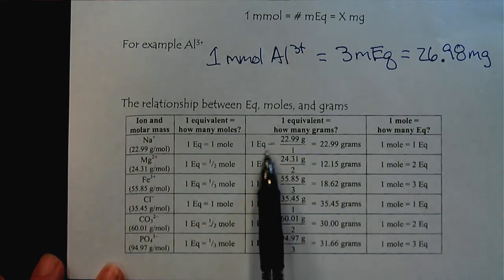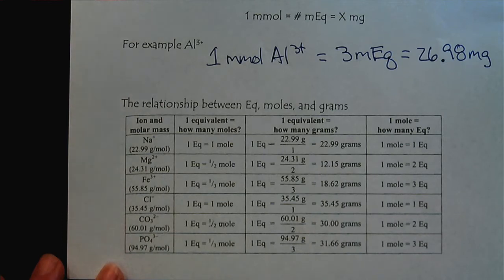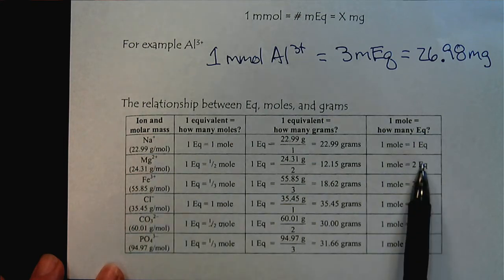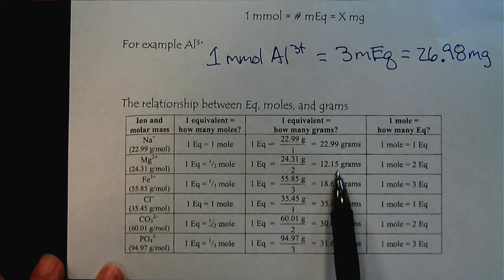So here 1 equivalent is simply equal to the molar mass. Where things change is with magnesium, there are 2 equivalents per mole. So the mass of magnesium to create a +1 charge is only 12.15 grams.